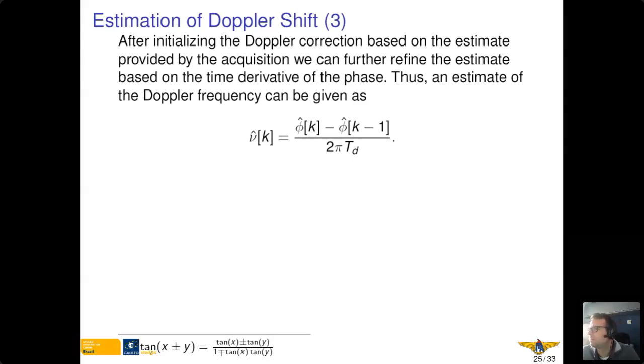So as an estimate of the Doppler frequency, we can take two phase estimates at consecutive time instances, divide this by 2 pi, and then the duration of the correlation, which in the literature is called the coherent integration time. In our case, this is equivalent to TD, which was the length of one sequence. But this could also be several sequences in practice.